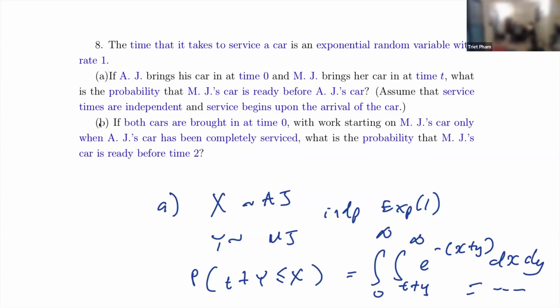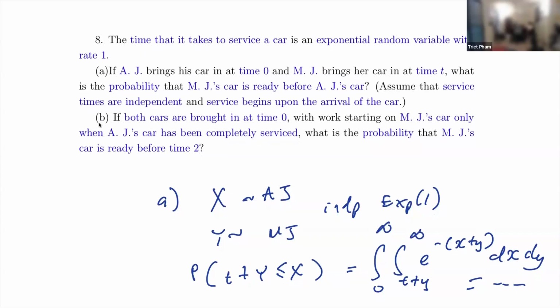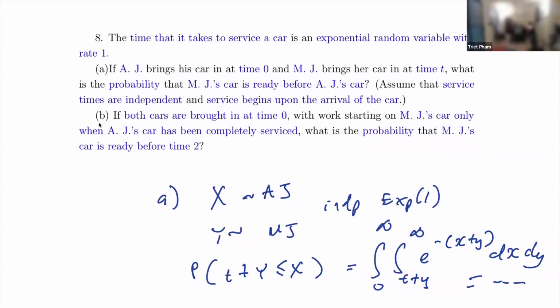Okay, what about part B? So part B, the part where both cars were brought in at time zero, is a bit irrelevant.